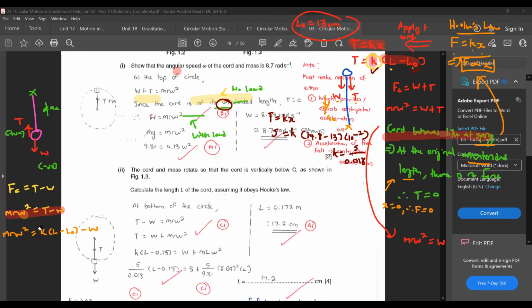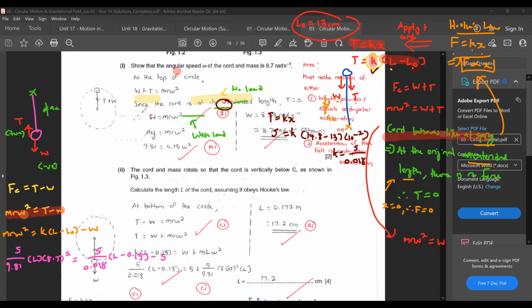M will be 5 divided by 9.81. Your radius is actually your L right now. Your omega is what you found at the top, 8.7 squared. Then your K is 5 divided by 0.018 times L minus 0.13, 13 centimeter changed to meter, and then minus off your weight of 5.